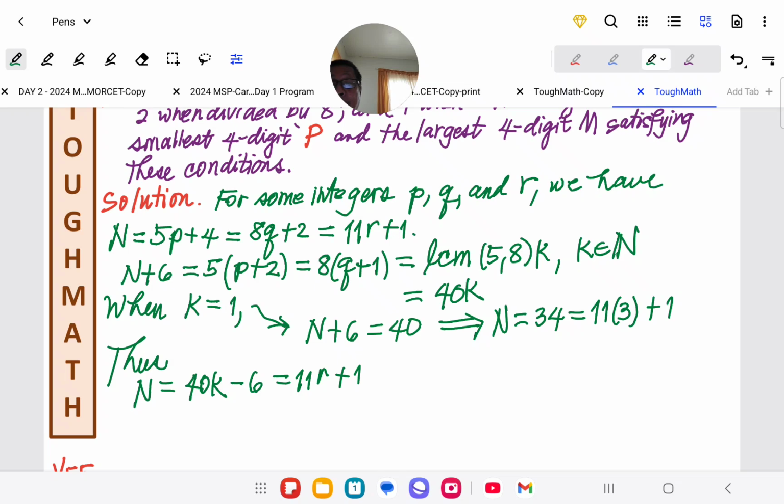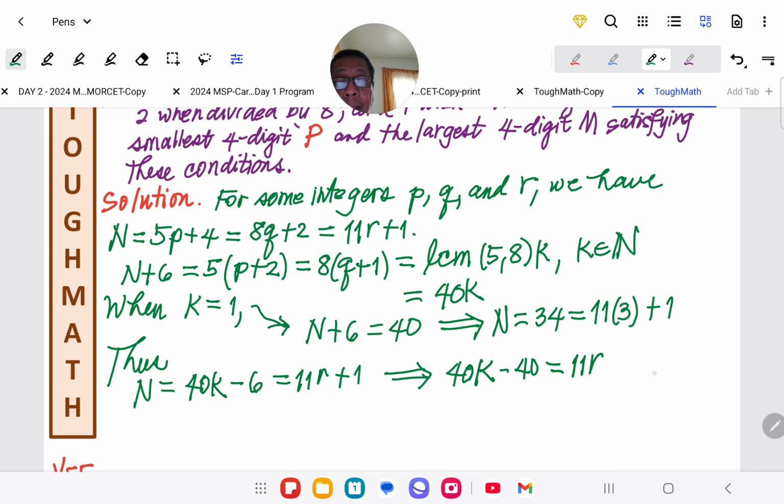We have incorporated it into this new expression, and from here, when you subtract 34 from both sides, you get 40k minus 40 equals 11r.